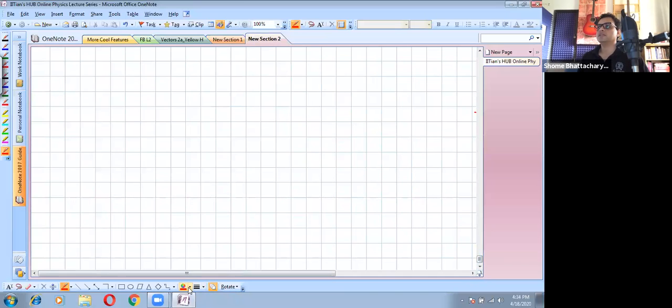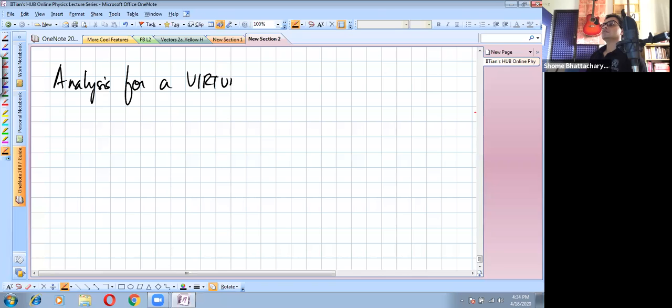So the next thing is very important and a little more towards new things for us. We will next look at the analysis for a virtual object for concave mirrors.